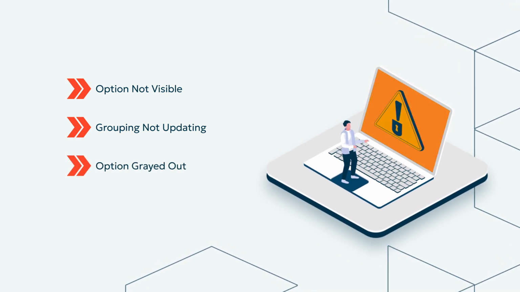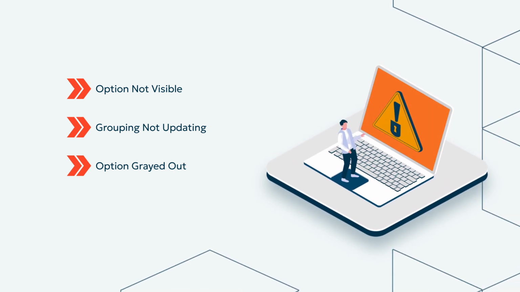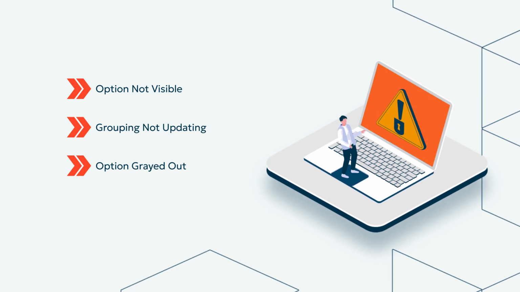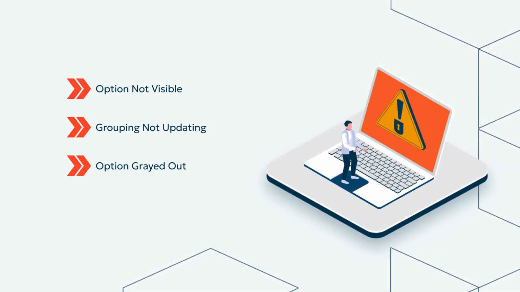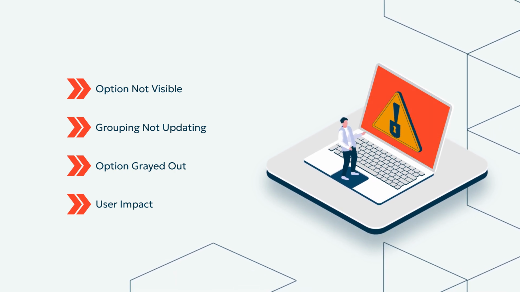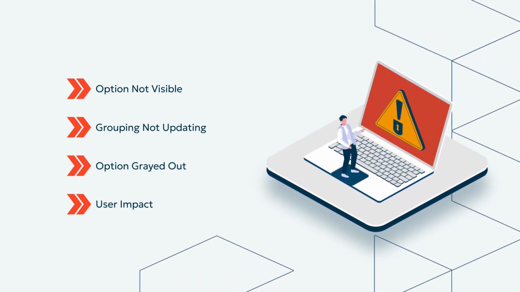Option grayed out. Ensure you have standard user permissions and that Task Manager isn't restricted by administrative policies. Administrative policies in managed environments can sometimes restrict Task Manager settings. User impact. The change affects only your user session and does not impact system performance or other user accounts.